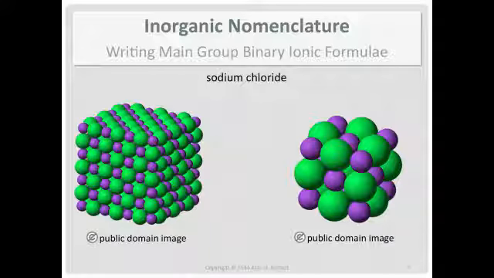Both the sodium and the chloride ions form what's called face-centered cubic lattices. And when you put those lattices, that's not helping, is it? I can't look at that and go, oh, sodium chloride's NaCl. There has to be another way to figure out the smallest repeating unit.